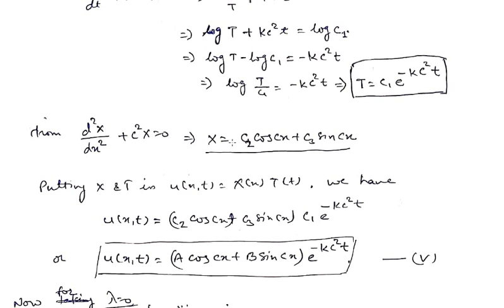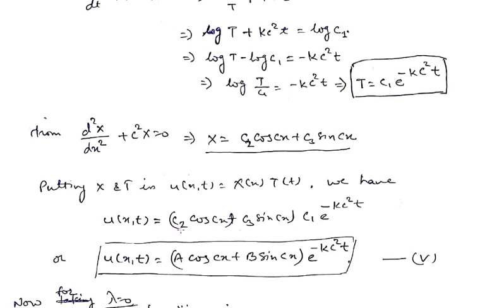Now we put the value of X and T in equation number 2, which is the assumed solution u(x,t) equals X into T. So it becomes (c2 cos cx plus c3 sin cx) into c1 exponential minus k c square t. c1 is an arbitrary constant, c2 and c3 also are arbitrary constants.